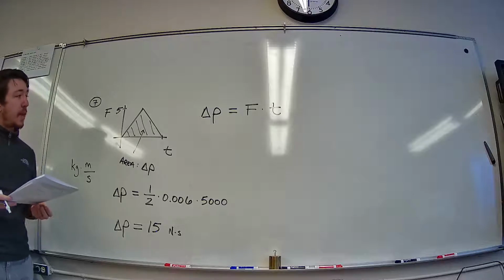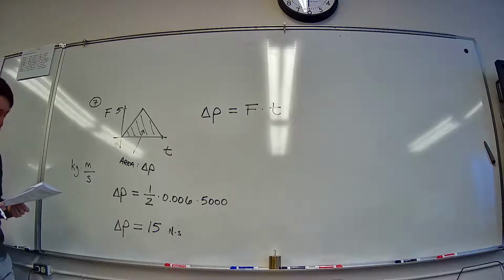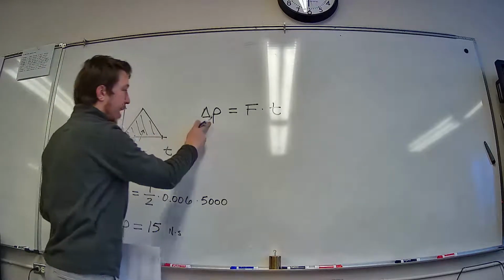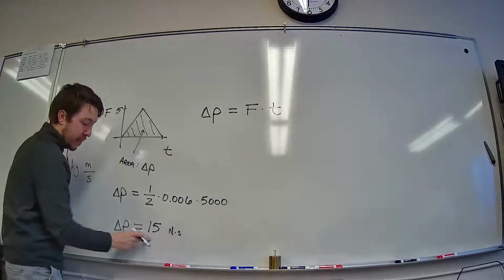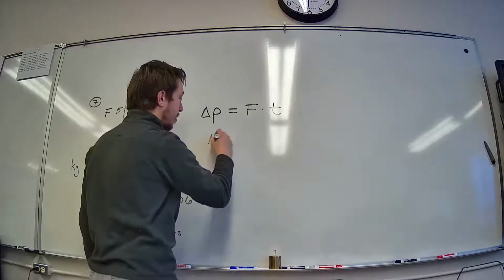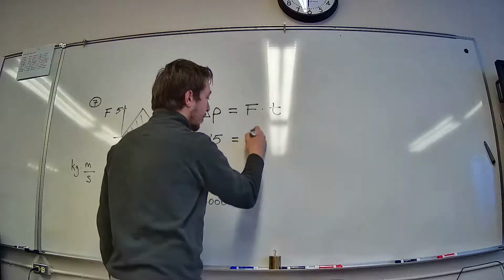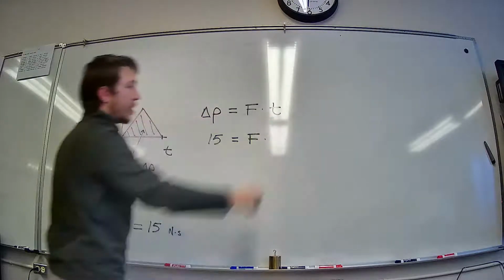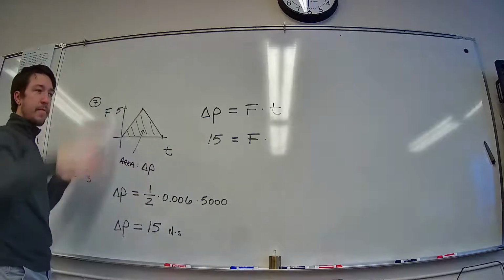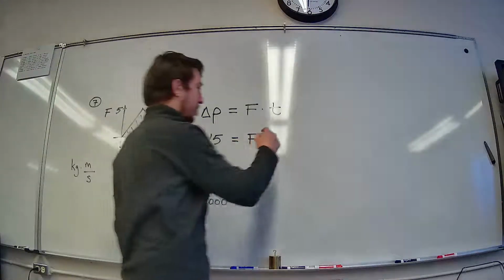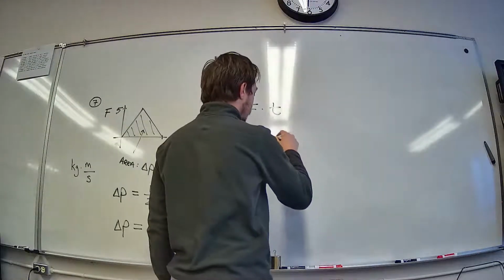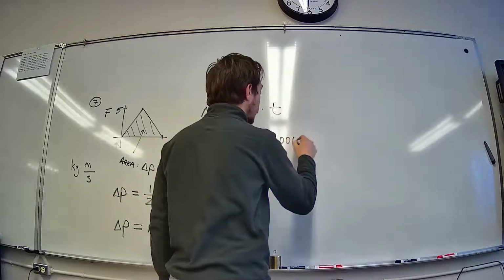Okay, so now let's get the average force, right? We just calculated the impulse from the diagram, so that's going to be 15 newton-seconds. And then here's the force, and how much time was the entire event? 0.006 seconds.